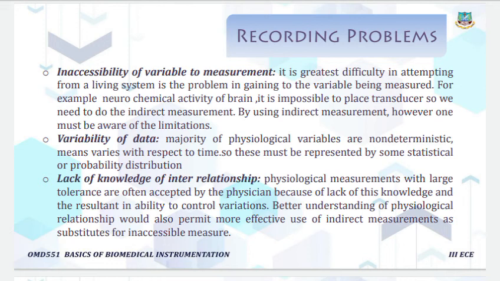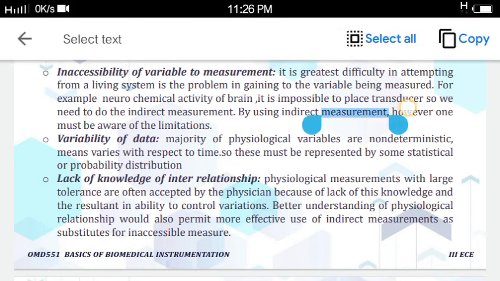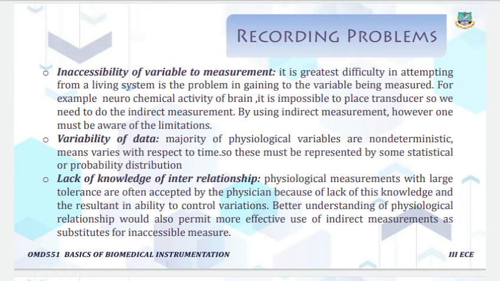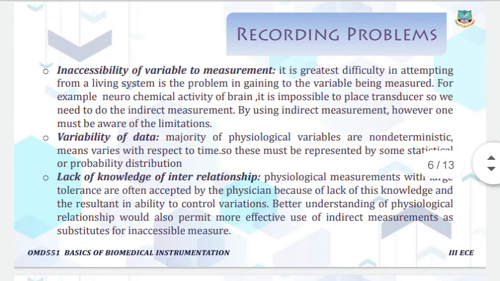Suppose we are measuring some ECG: at one time we get some value and at another time we get some other value. That comes under the variability of data. The majority of physiological variables are non-deterministic, meaning they vary with respect to time. So these must be represented by some statistical or probability distribution.